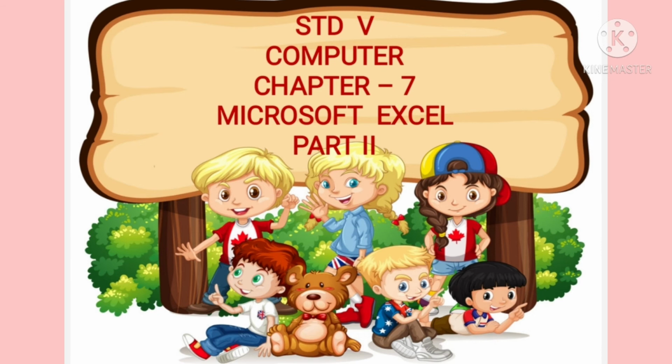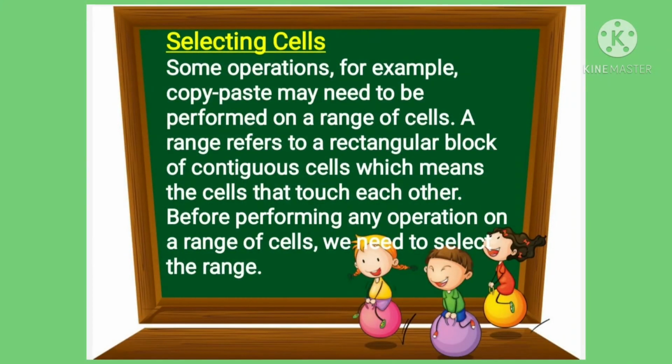In this video, the first thing that we are going to learn is selecting the cells. While selecting the cells, some operations are to be performed like copy-paste on a range of cells. First, let us know what a range of cells refers to.